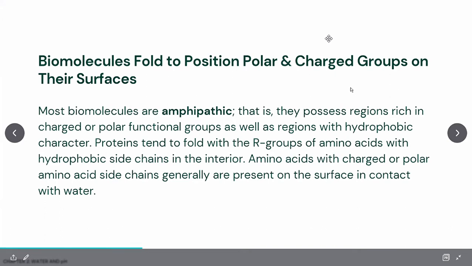Okay? So it says here, most biomolecules are amphipathic. Which means some areas on that molecule are soluble in water, hydrophilic, and some areas are non-soluble, hydrophobic.